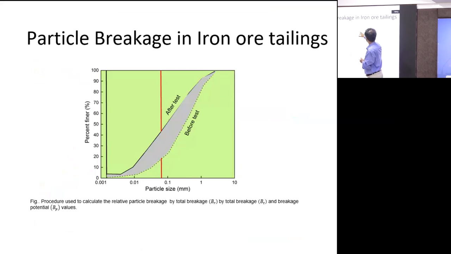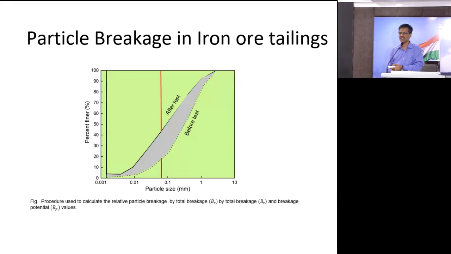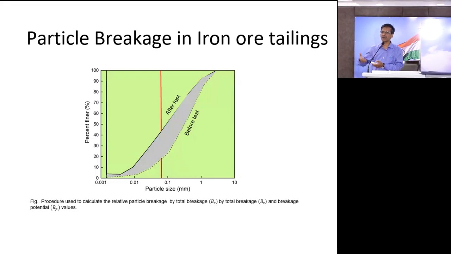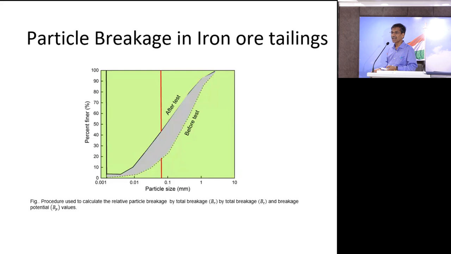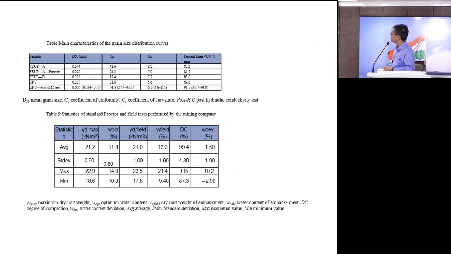Now with the same 80% finer, the particles are fewer, or one time I go and now 95% become finer. That means the particles are getting crushed. Because at the site you have to compact with the roller, that also gets crushed. So you need to identify in the laboratory whether it is getting crushed with compaction or not.